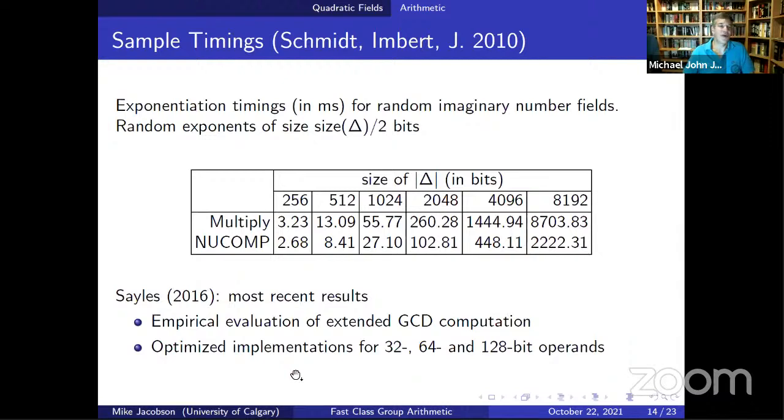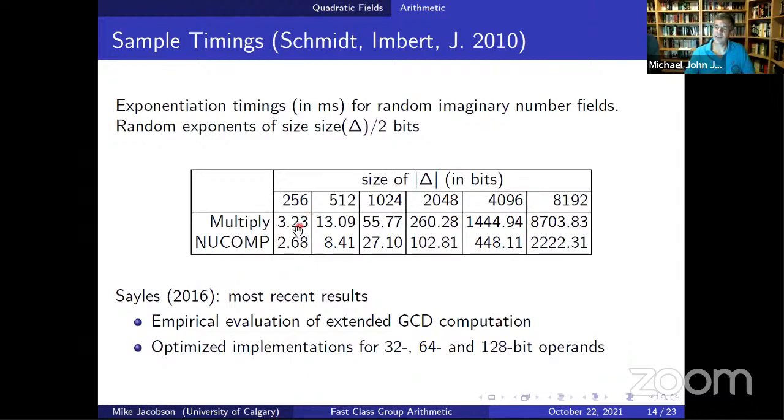Now, just to show you that this actually works, here are some times taken from my paper with Schmidt and Imbert, comparing the time to do basic Gaussian composition and reduction with NUCOMP for increasing discriminant sizes. The timings are just binary exponentiation of ideals, as a means to measure these things.